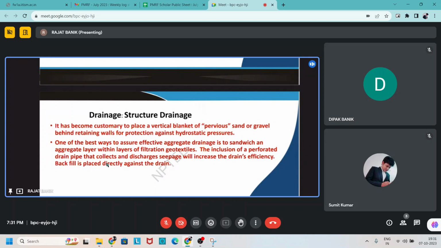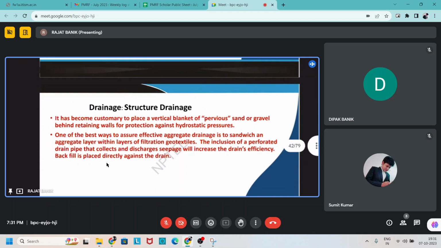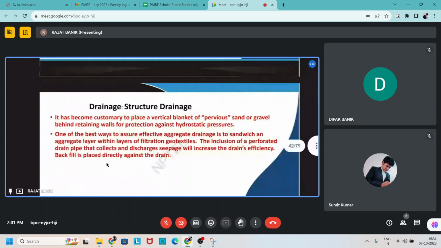The inclusion of a perforated drain pipe that collects and discharges seepage will increase the drain's efficiency. Backfill is placed directly against the drain. So this geotextile, or we say the geosynthetic material, precisely we can call it geotextile, is used for drainage for structures also.